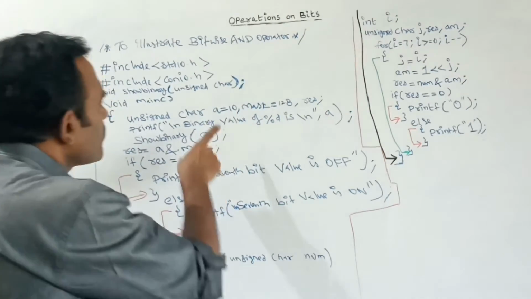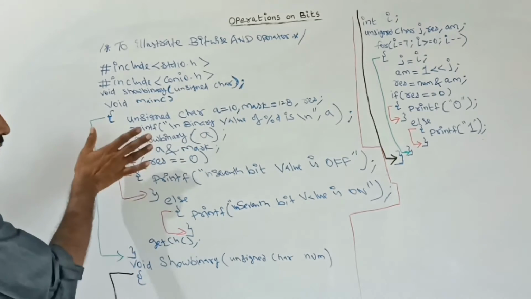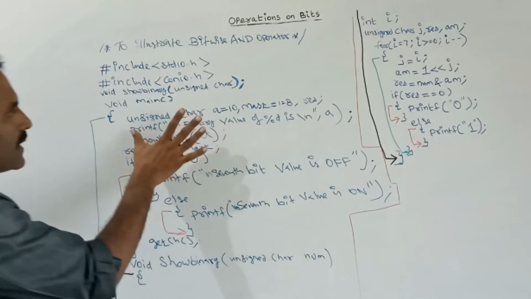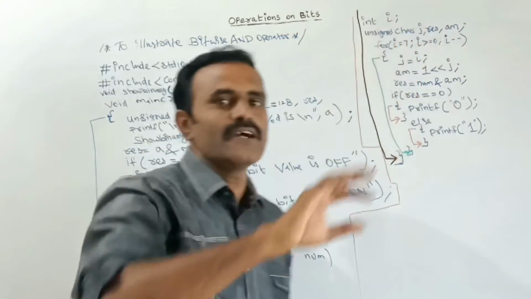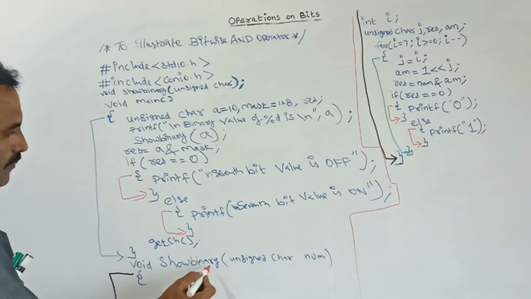See, a is equal to 10. I am passing this a here. Before printing which bit value is on or off, I am telling it to print the binary value also. Here I am calling this function. The function name is so binary.